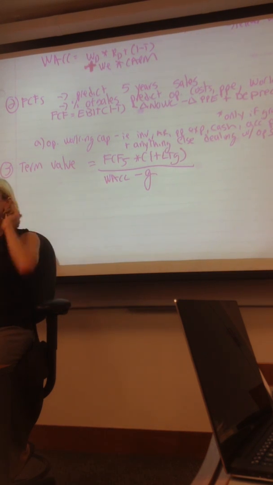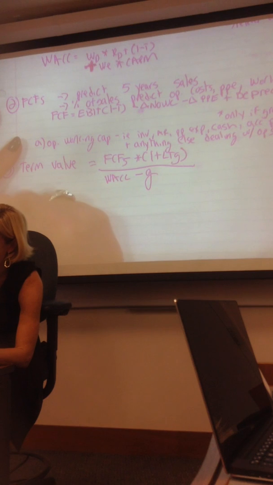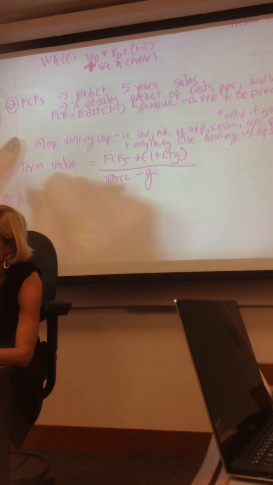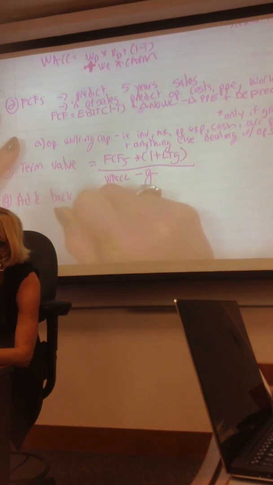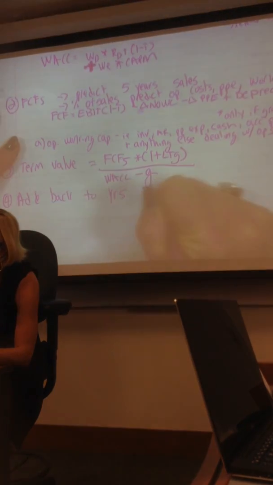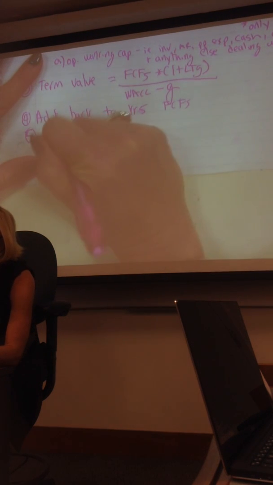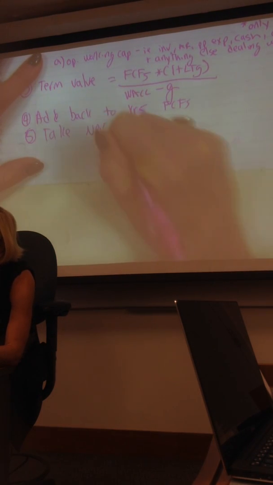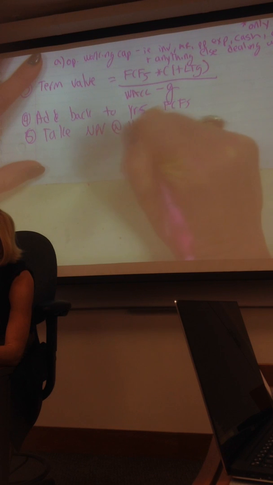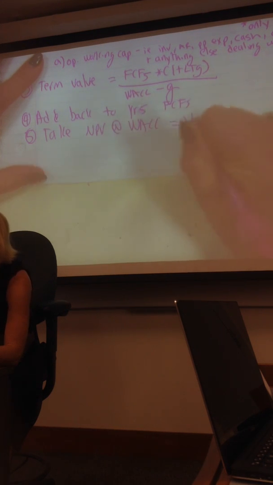Okay. You have your terminal value. You add it back to the year 5. You take the NPV, using the WACC, and this is called the value of operations.